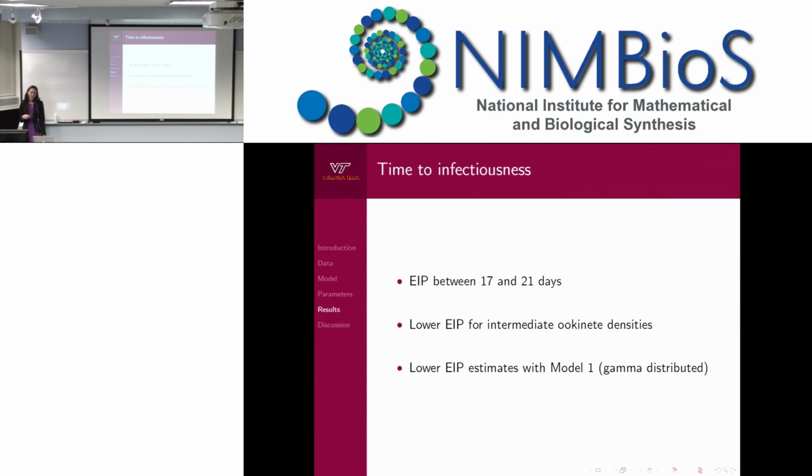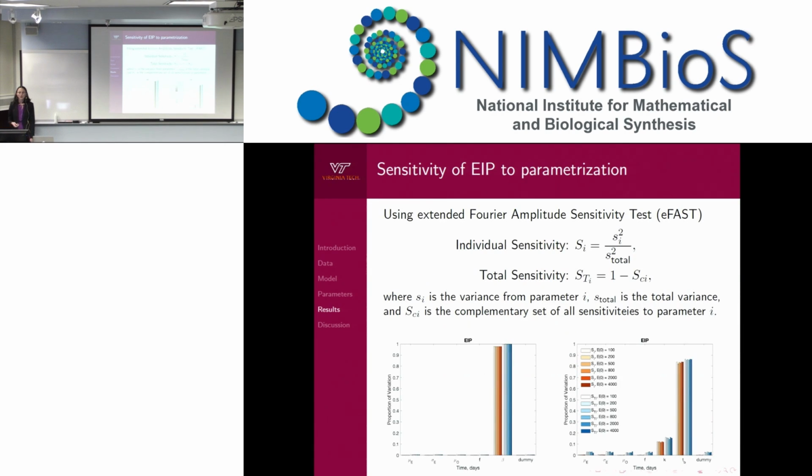We see the lowest time to infectiousness for those intermediate densities. And we also predicted a lower time to infectiousness when we used model 1, which, remember, is that gamma distributed transition between different compartments rather than the time-dependent one that we're looking at.